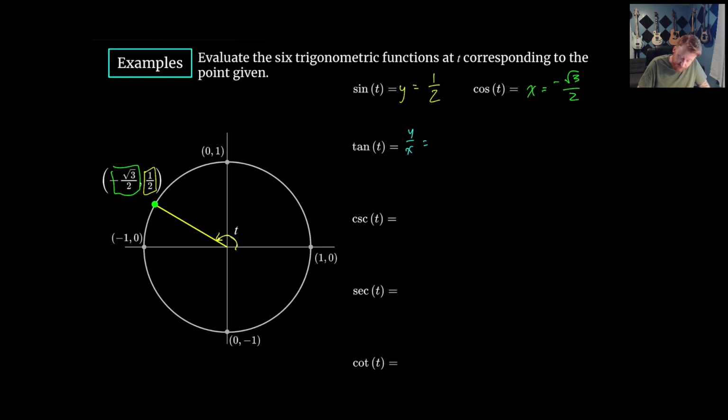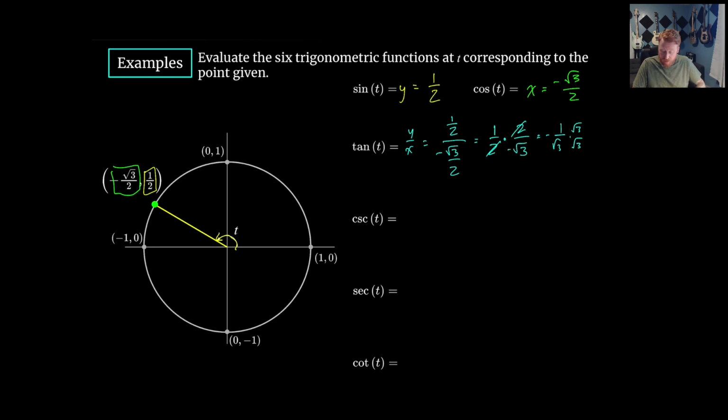So we can write this as the y value is 1/2, and the x value is the negative square root of 3 over 2. I'll say this is equal to 1/2 multiplied by the reciprocal of the denominator, which is 2 over square root of 3. I'll just throw that negative wherever it makes sense here. But then the 2's cancel here, and we've got negative 1 over the square root of 3, and then we can rationalize the denominator.